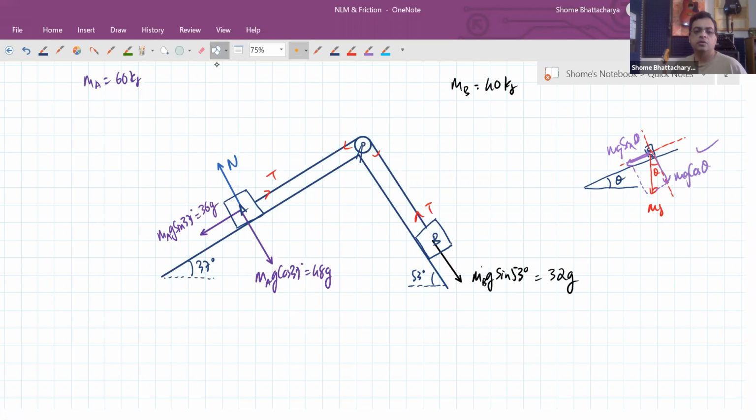And the component of its weight normal to the inclined plane, so 40 into cos 53, will be 24g. And again, there will be some normal reaction acting, which will be this.